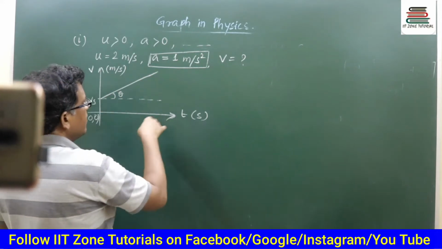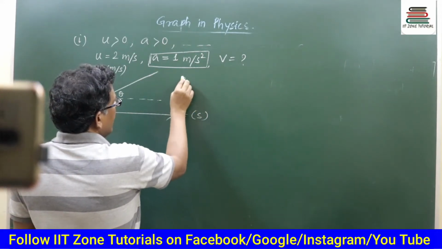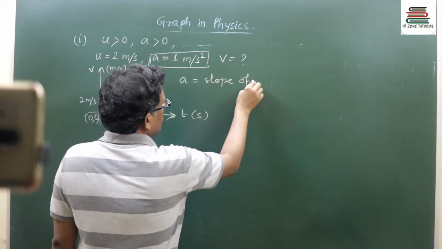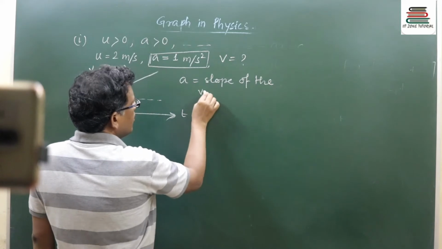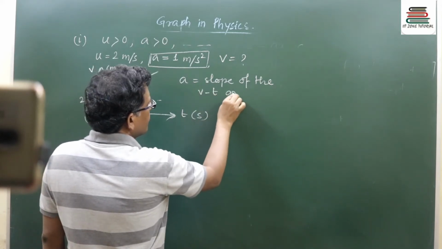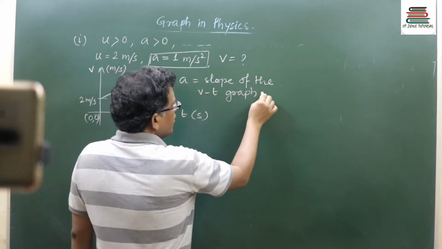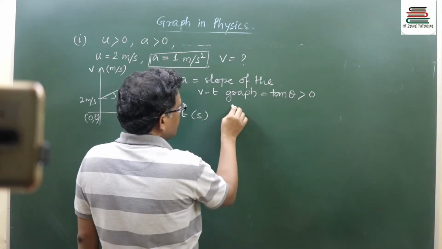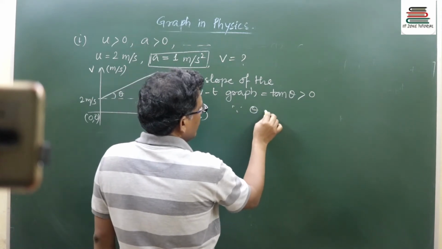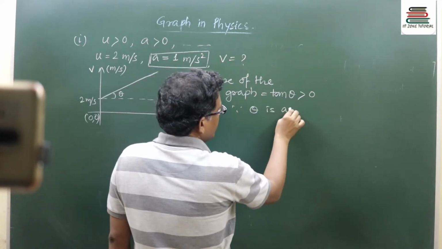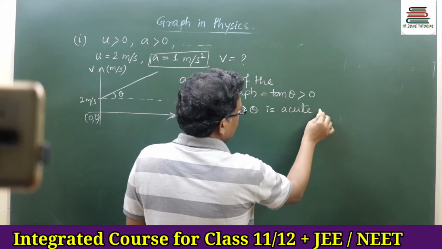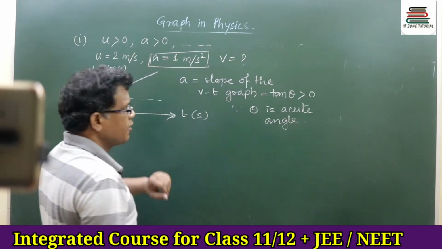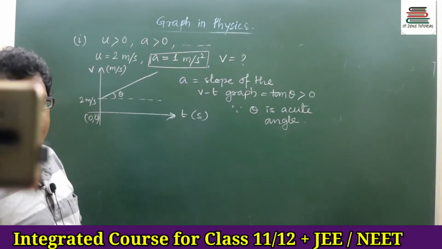So yes, you can see acceleration is equal to the slope of the Vt graph, which is tan of theta, definitely positive since theta is an acute angle, right. So this is the graph of this situation. Getting it?